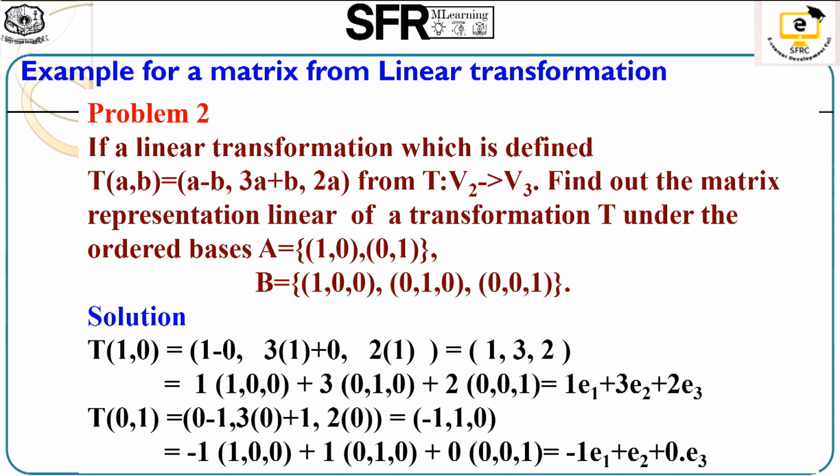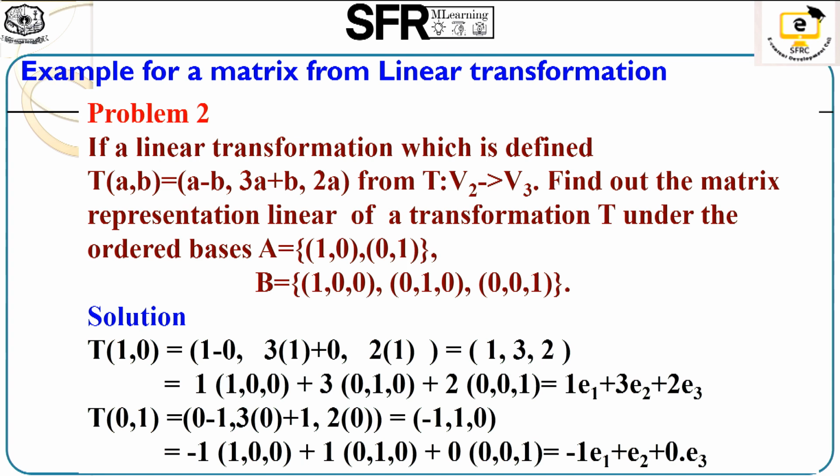By the standard basis, this is minus 1 into (1, 0, 0), so minus 1 E1, plus 1 into (0, 1, 0), which is E2, plus 0 into (0, 0, 1), which is 0 into E3.